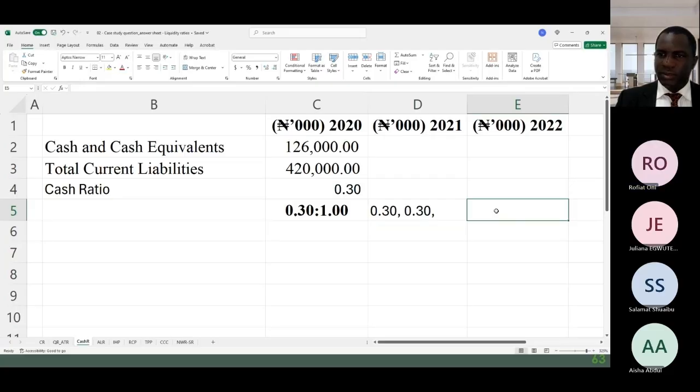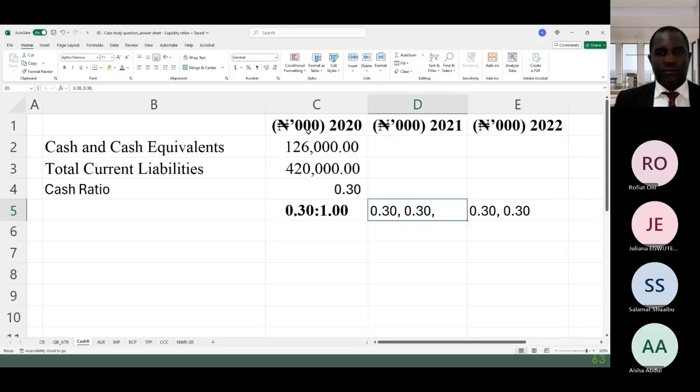Okay. Julie also 0.3. Julie, you also have the same 0.3, right? Yes, sir. For both years. Who else? Salmat, Aisha, do you have the same for both years? Okay, the same 0.3. Fantastic.